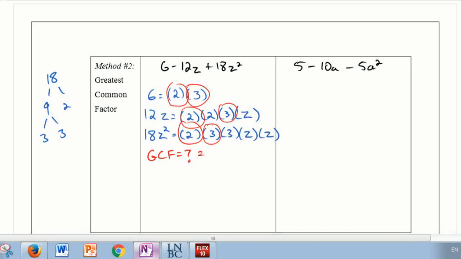And then anything else? Well, I have one 2 here, but they don't all have two 2s, so I can't use that 2. I have an additional 3 here, but they don't all have that, so I can't use that. These second ones both have z's, but I don't have a z in my first term. So it looks like my greatest common factor is just 2 times 3, which is equal to 6.